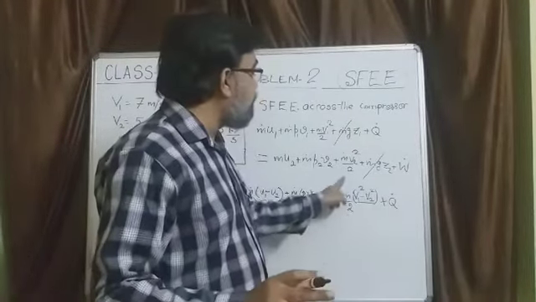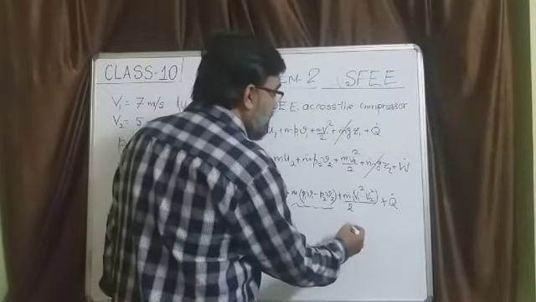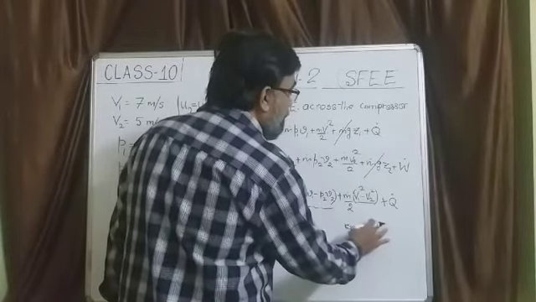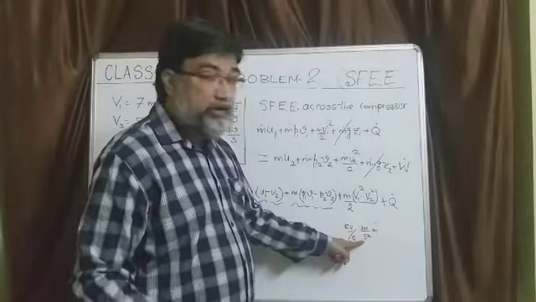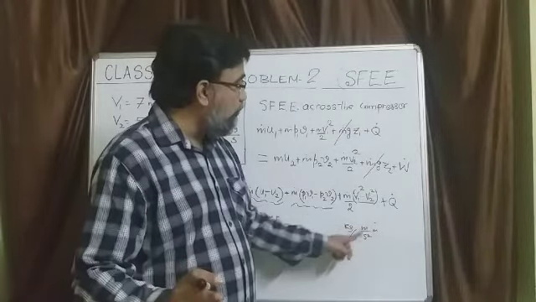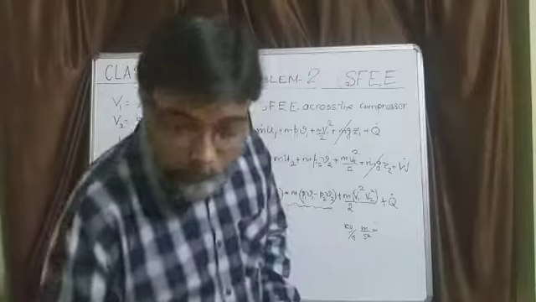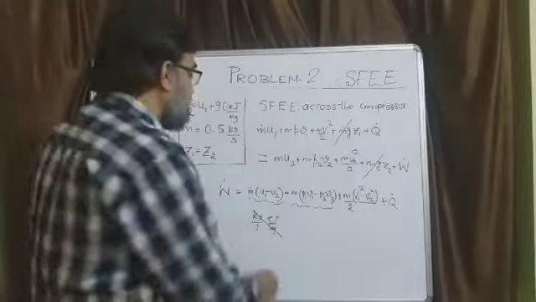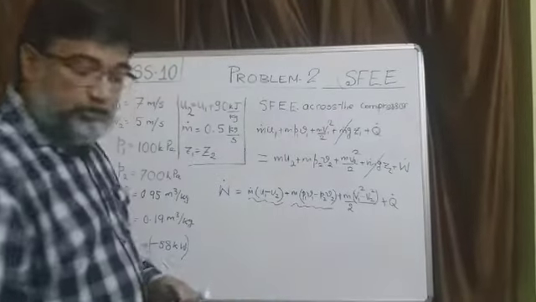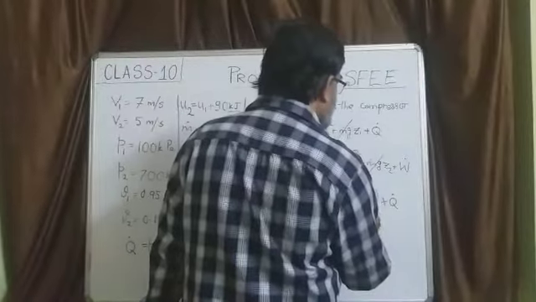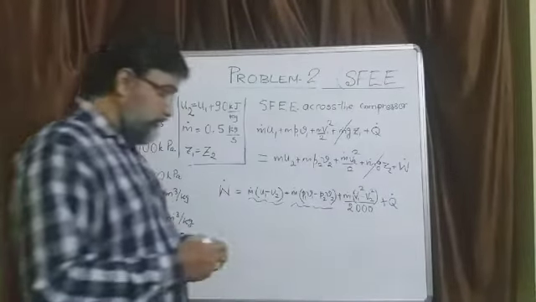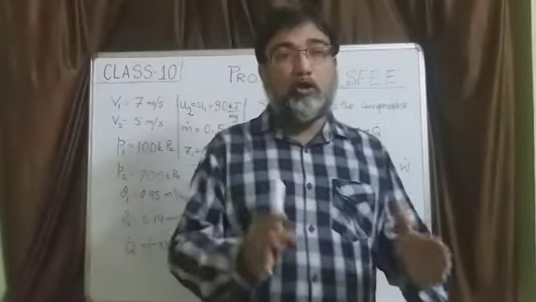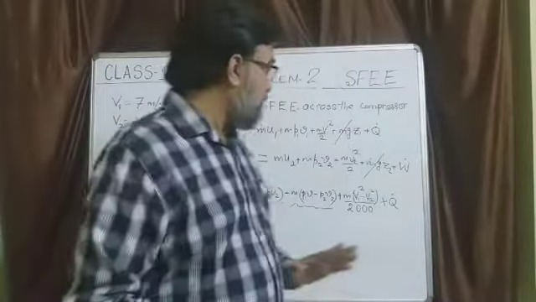Only this term is in joules per second: kg per second and meter square per second square, where kg meter per second square is Newton, Newton meter is joule, so joules per second. To express it in kilojoules per second, like we did in the last class, you have to divide by 1000. So it is m dot (V1 square minus V2 square) by 2000. If you do this, every term now has the same unit, kilowatt. Alright. Mark one thing.